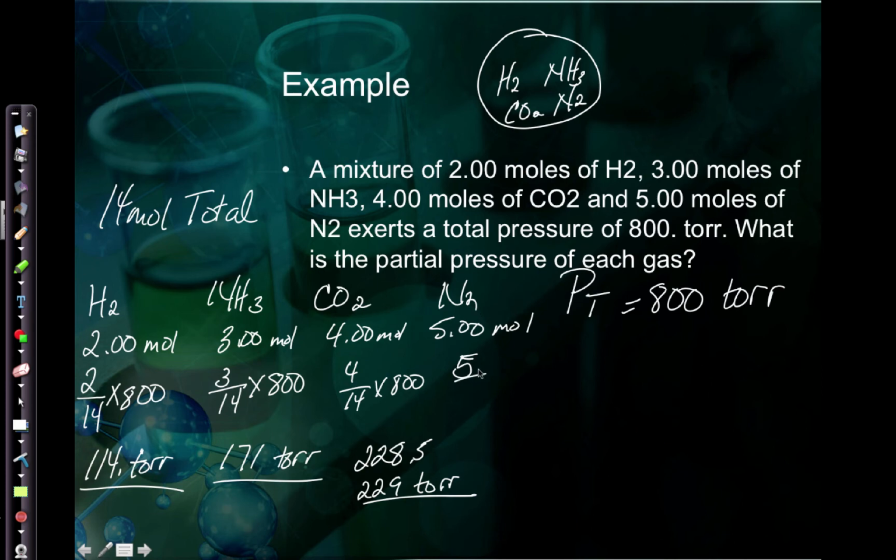It's 5 moles of nitrogen divided by 14 total moles multiplied by the total pressure. That'll give me 285.7 or 286 torr. All right, so when you have an example like this and you're trying to figure out the pressure of each gas, get the mole fraction.